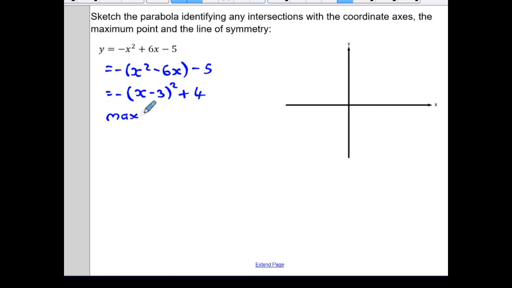then at 3, 4. Y-intercept, when x is 0, we just get minus 5.